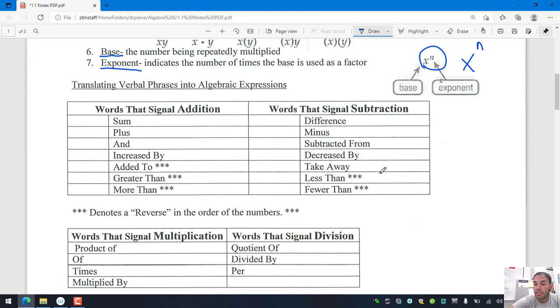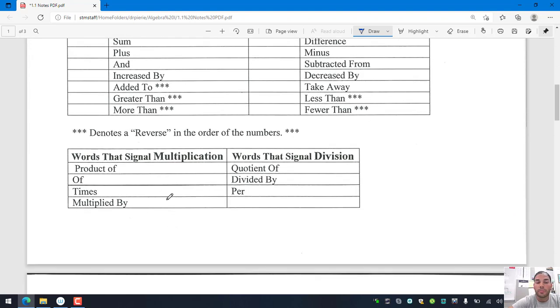If you see any of these words in this column over here, it's a pretty good indication you're going to use subtraction in some context. Difference, minus, subtracted from, all these words mean you're probably going to use subtraction in some context, and the same goes for these two columns. Take a second, look at those, see if you can study them and figure out what those words mean.